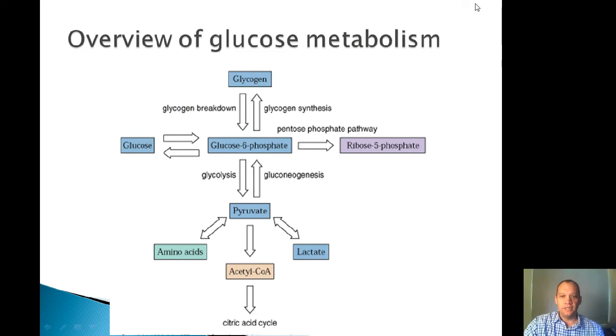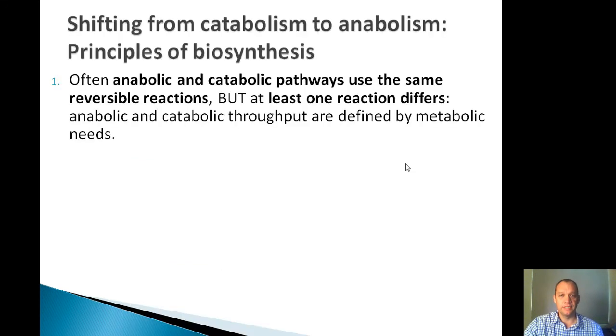Or it can be shunted towards the pentose phosphate pathway to produce the 5-carbon sugars required for things like RNA. During that pathway we can also produce NADPH, which is the coenzyme most used to provide reducing power for biosynthetic pathways.